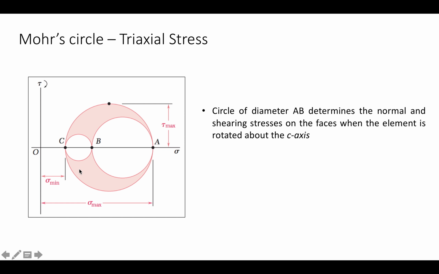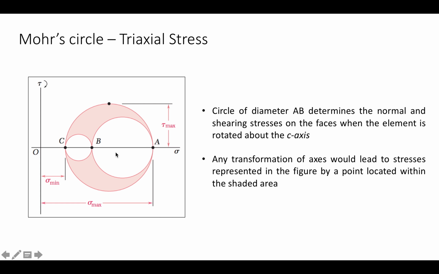Okay, so the circle of diameter AB determines the normal and shearing stress on the face when the element is rotated about the c-axis. And then the circle of diameter BC determines the same thing when it rotates around the a-axis, and the circle of diameter AC determines the same thing, but when the element is rotated around the b-axis.